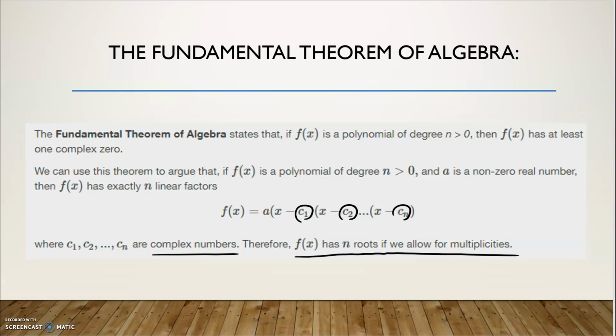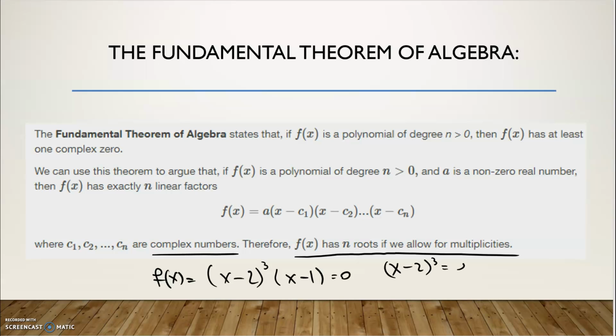So why it says if we allow for multiplicities, say we had f of x is equal to x minus 2 raised to 3 times x minus 1. Okay, then to find the roots, we would set each of these equal to 0 and solve for x, so that's x equals 1.